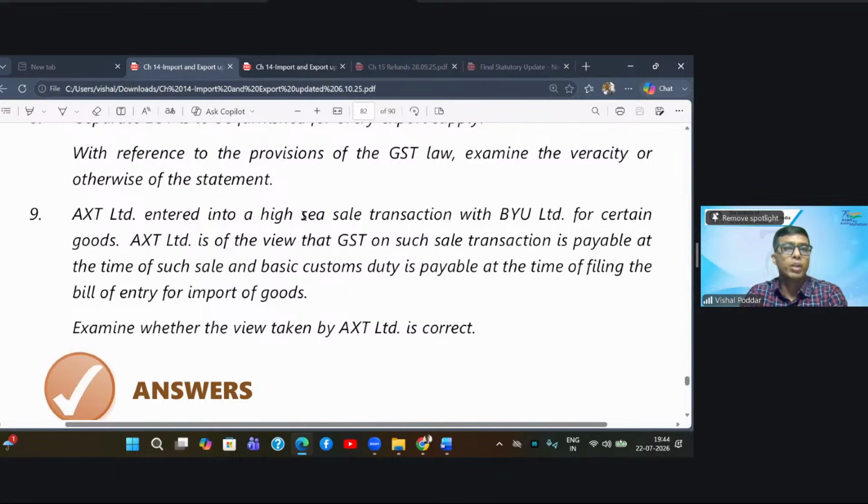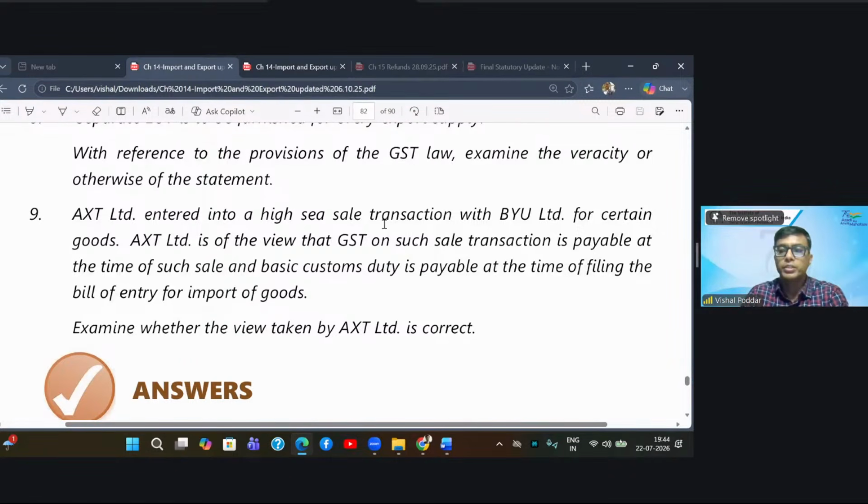Hence, in this particular case, the first point, what the company is saying, that at the time of sale transaction itself, it is required to pay GST is incorrect because the GST will not be levied at the time when AXT Limited sells to BYU, that is at the time of high sea sales.